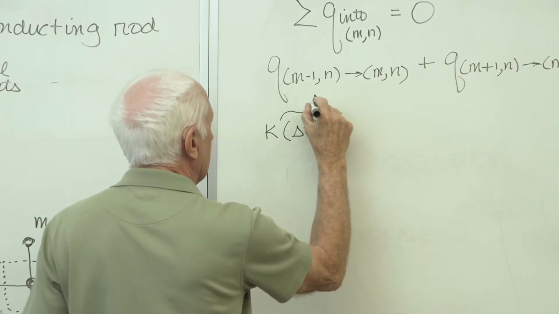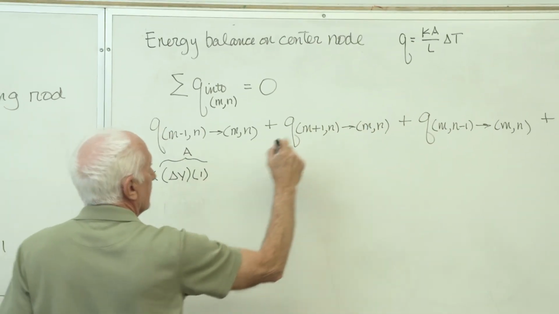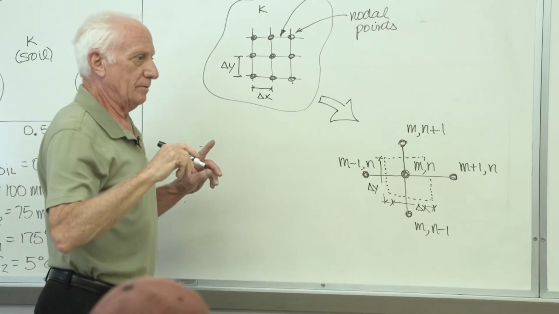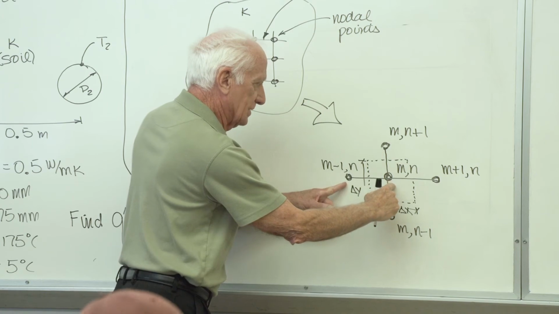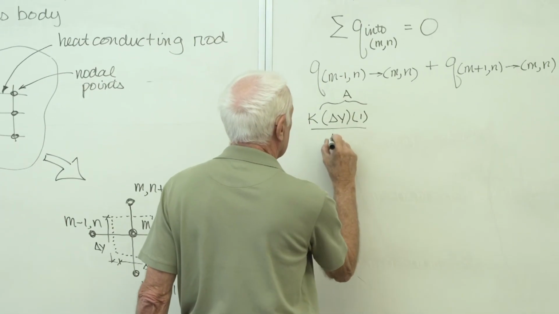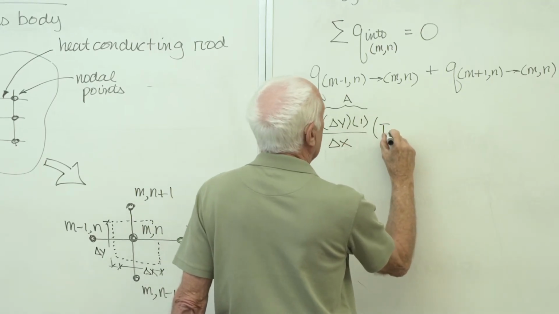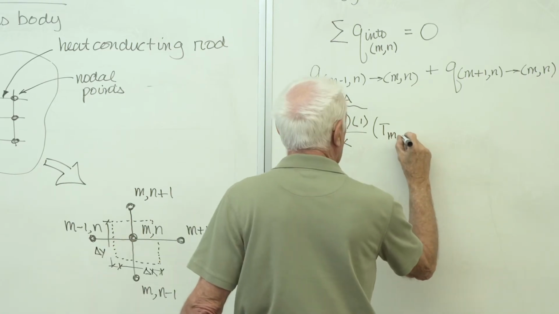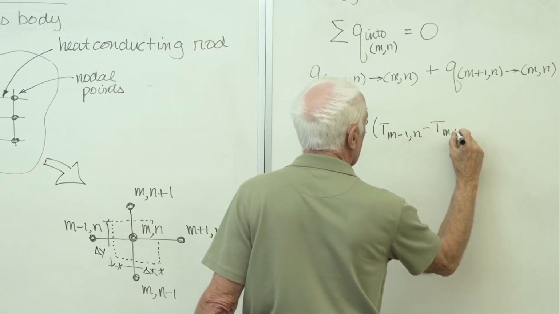That's the area. K A divided by L. What is L? L is the length that the heat was transferred over. Okay, left-hand node, center node. What's that length? Delta X, times the temperature difference, T m minus 1n going to T mn. Okay.